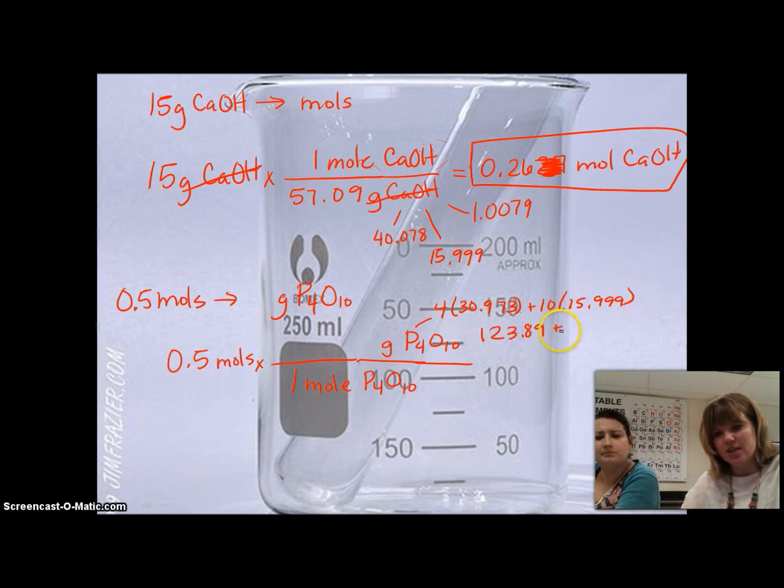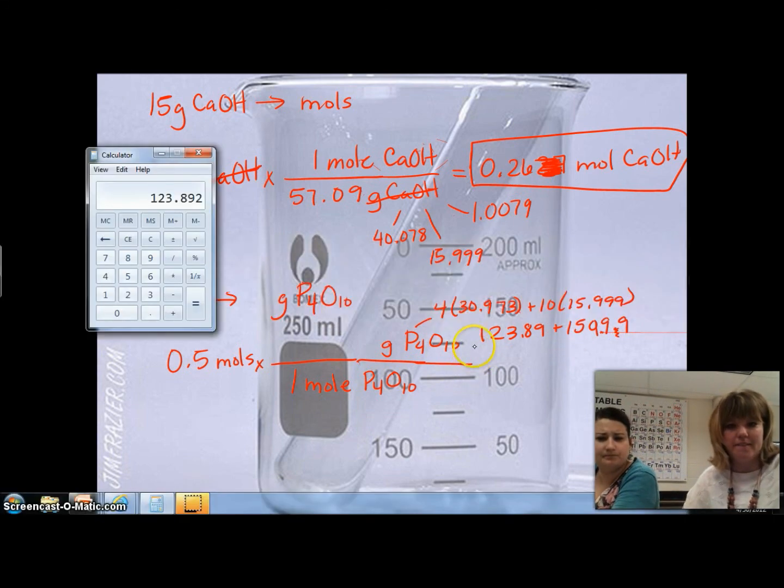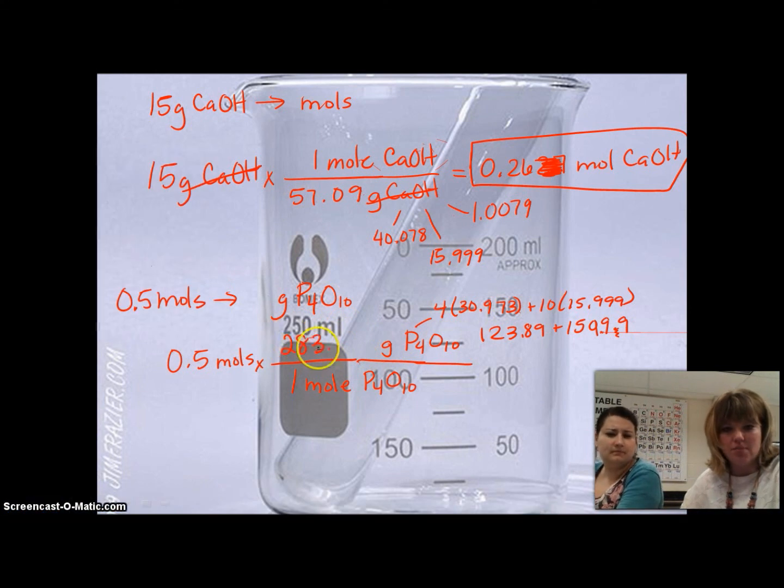And then times 10 oxygen, 15.999, is going to make this 159.99, right? Okay, so now let's add that together. So 123.89 plus 159.99. So we get 283.88.